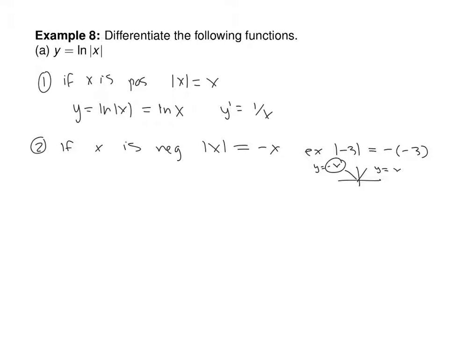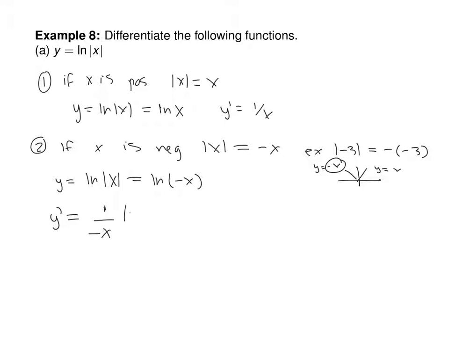So in that case, you can say ln absolute value x is the same thing as ln of negative x. And because x has a built-in negative, the negative in front makes it positive, so that's okay. Now take the derivative and use the chain rule. We'll get 1 over negative x, right? Times what from the chain rule?